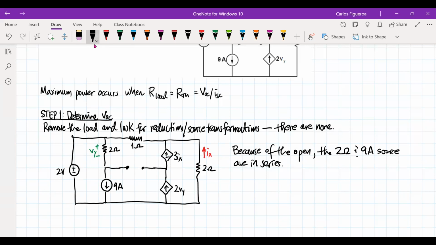So I've got to find how I'm defining VOC. I know that this guy right here is VOC. If I choose this to be the ground right here, then this node automatically is VOC.